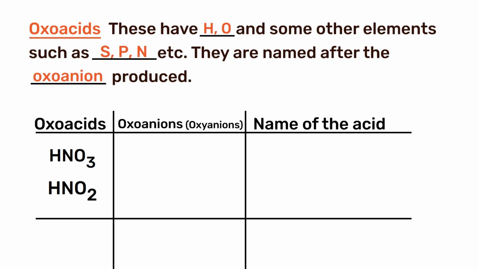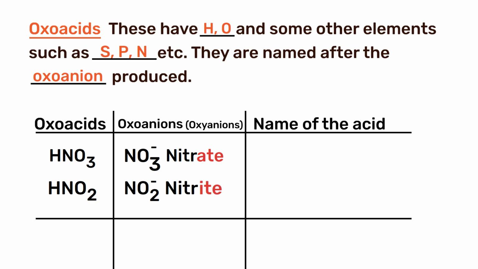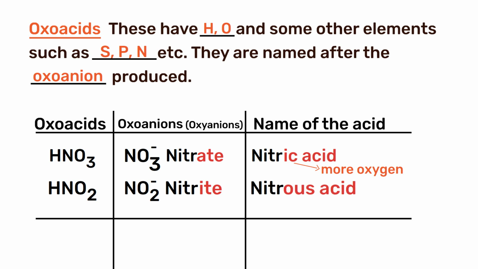The oxo anions are nitrate and nitrite. The -ate is changed to -ic, and it's called nitric acid, and it has more oxygen, that is why we use -ic. While HNO2 is nitrous acid, and the -ous is because it has less oxygen.